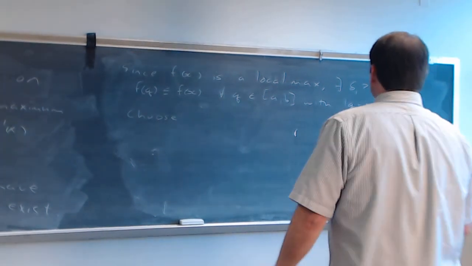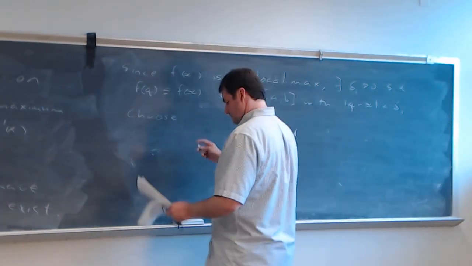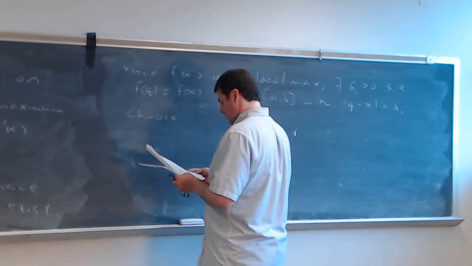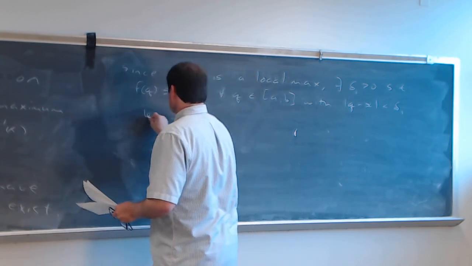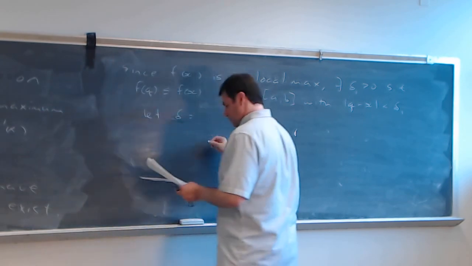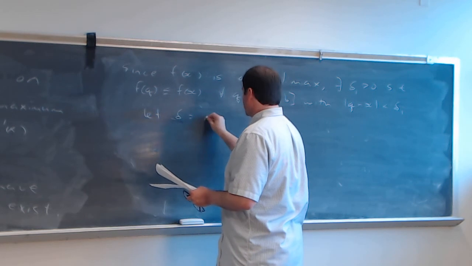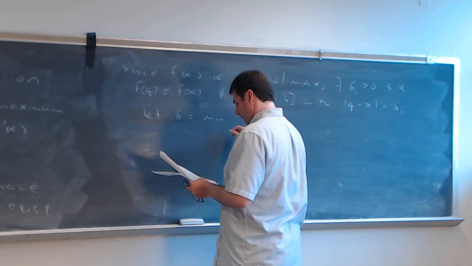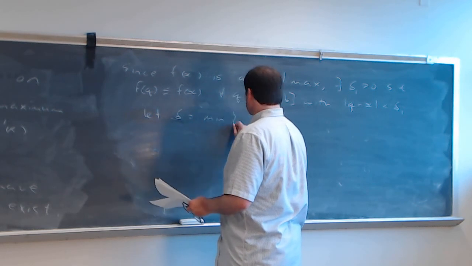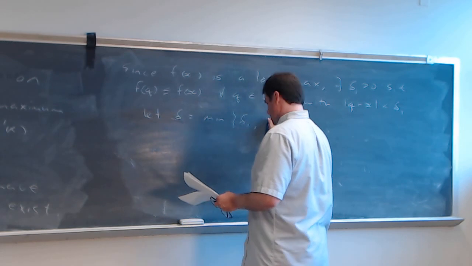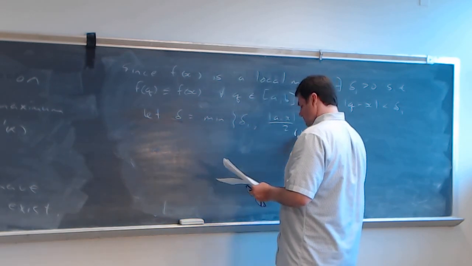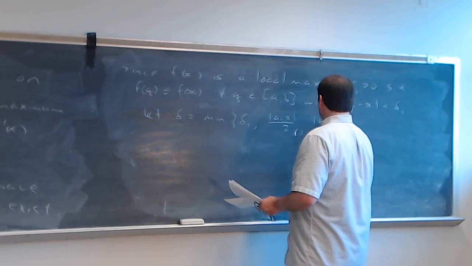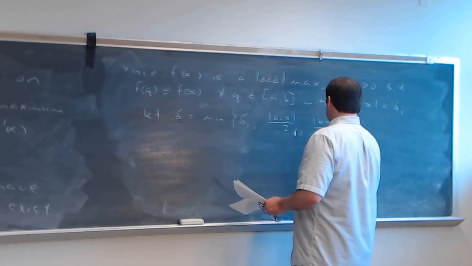What we're going to do is choose a smaller delta. So we let delta be equal to the minimum of delta sub 1, the absolute value of a minus x over 2, and the absolute value of b minus x over 2.